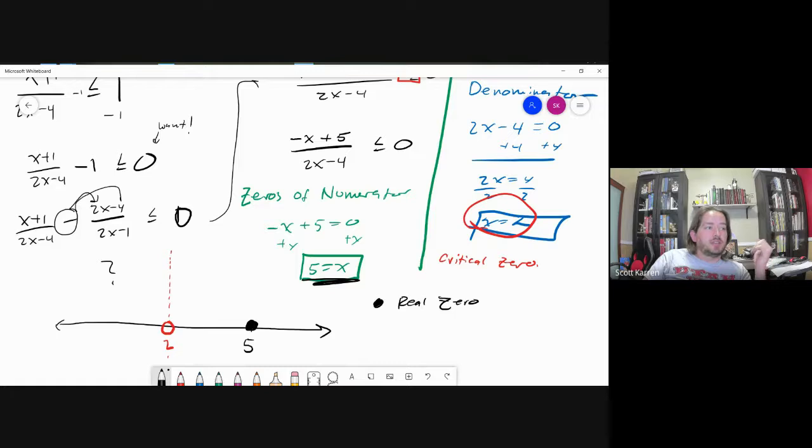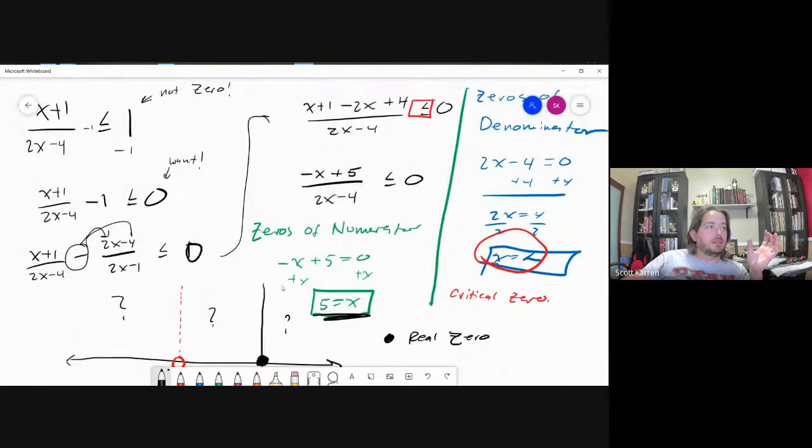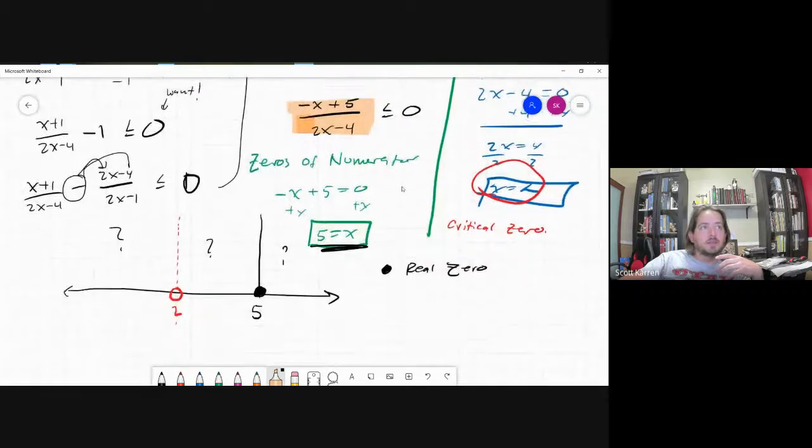And then I just have to check. Is it positive here, negative here, positive here, negative here? Sometimes I'll do a black line here, but I just have to check those three intervals, and I'm checking this. I'm just plugging in a number into that to see if it's positive or negative. If whatever I plug into that is less than 0, then it solves it. If it's greater than 0, then it doesn't, right?